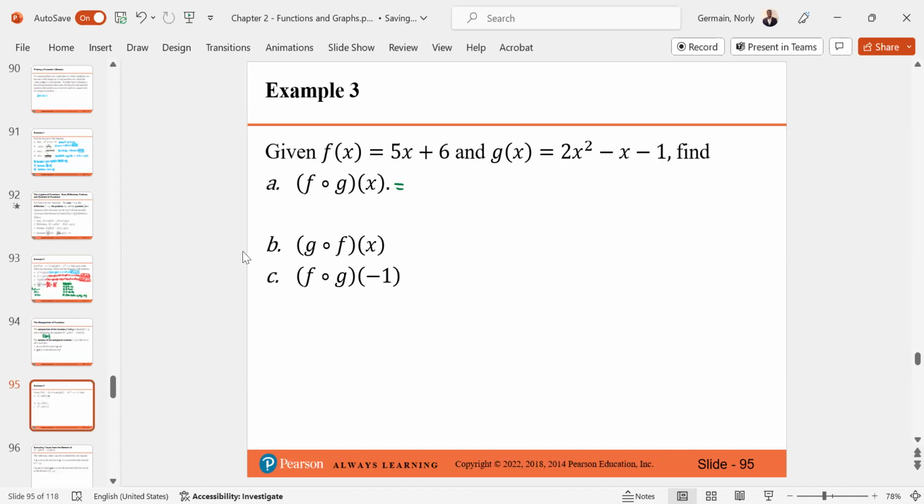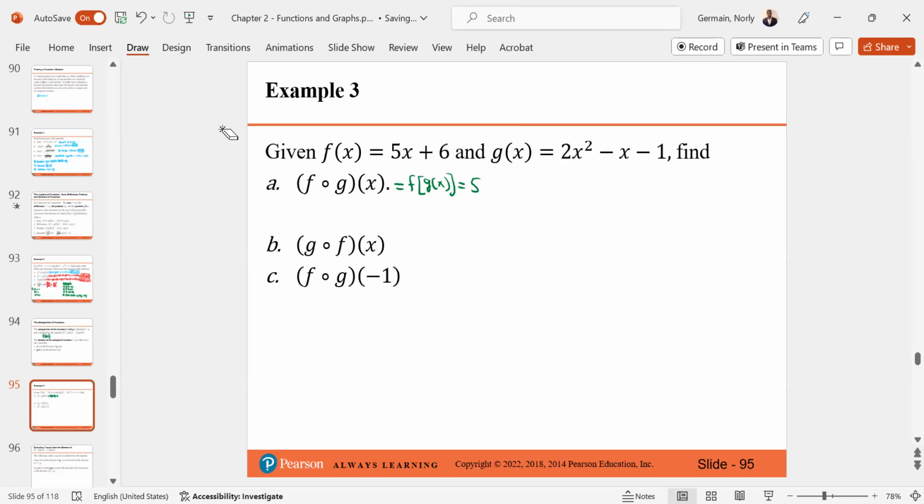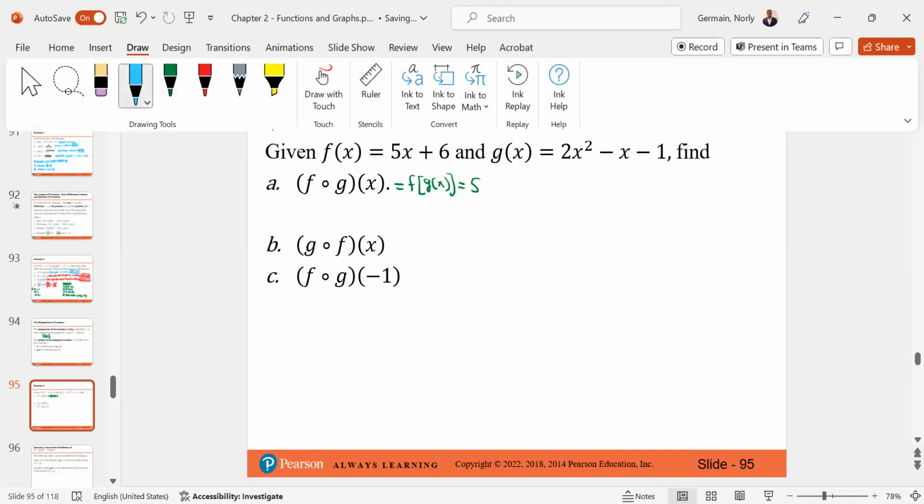Let's try it. Everywhere in f where I see x, I replace it by g of x. Because there is a 5x, I replace x by g of x.